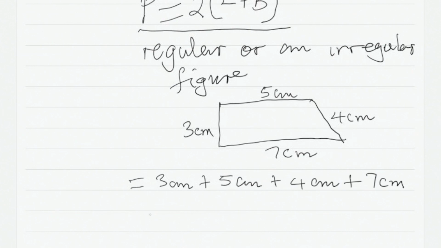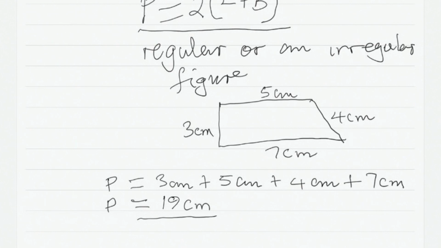If we add 7 plus 4, it gives us 11. 11 plus 5, it gives us 16. 16 plus 3, it gives us 19, giving us the perimeter of this shape as 19 centimeters. Meaning our answer is C.